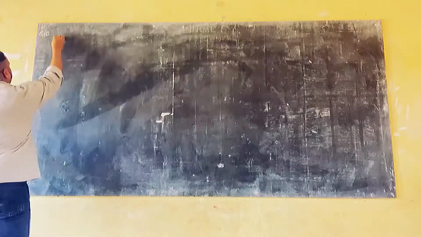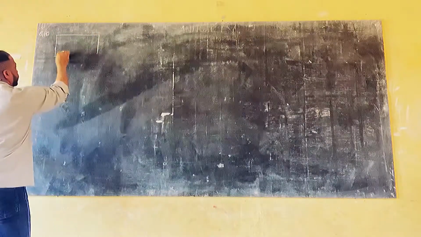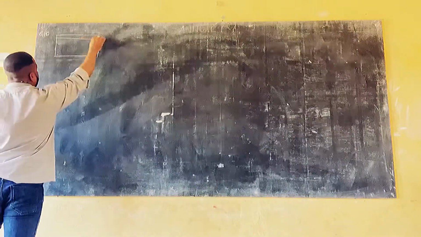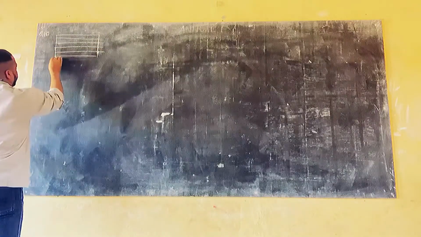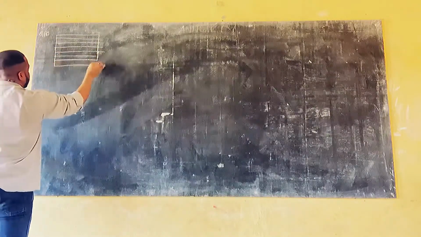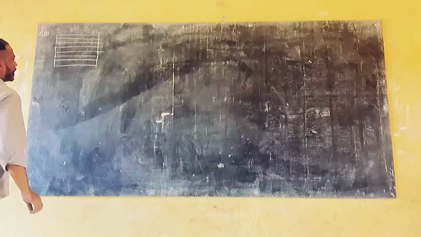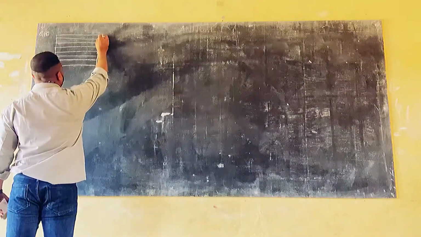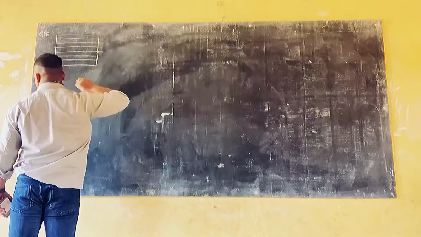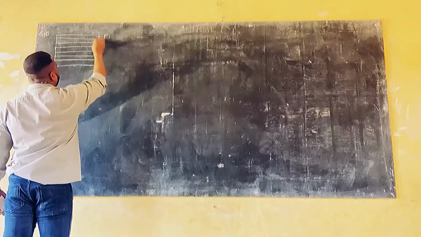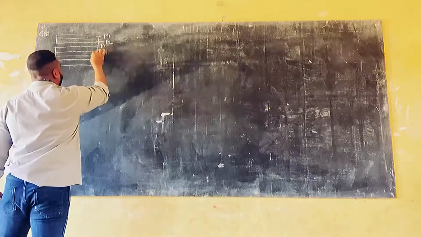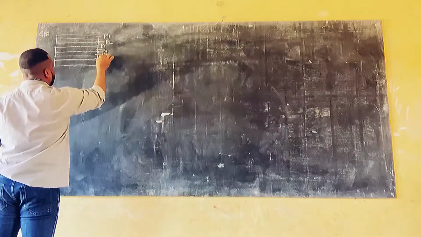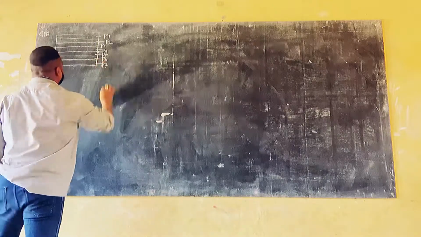This is the modern periodic table, and you have to write down how many rows there are. 1, 2, 3, 4, 5, 6 and 7. These rows are called periods. Period 1, period 2, period 3, period 4, period 5, 6 and 7. Done.